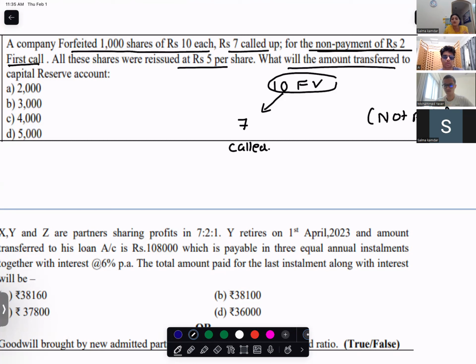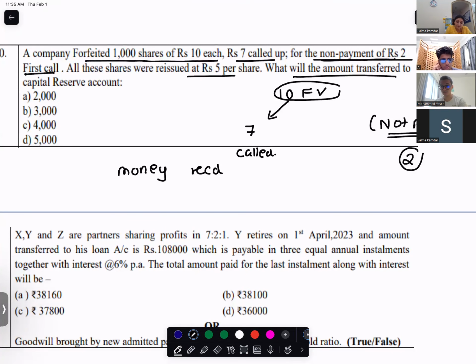I called for 7 and people have not paid 2. So what is the money that I have received?